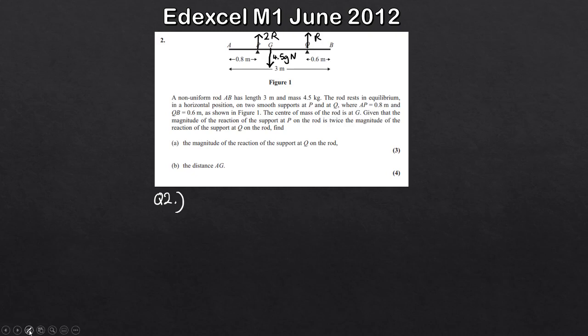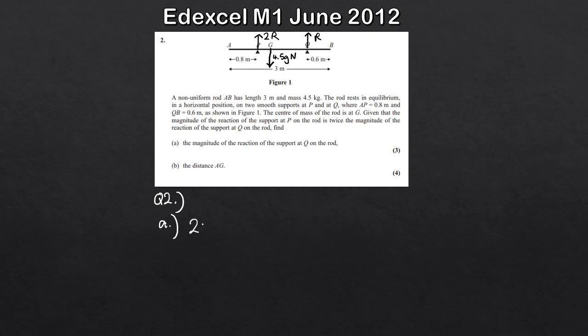Let's see if we can start with this question. So part A, we want to find the magnitude of the reaction of the support at Q. The first thing I'm going to do here is consider the fact that if I resolve the forces, upwards should be equal to the forces downwards because it's in equilibrium. So what would that mean?